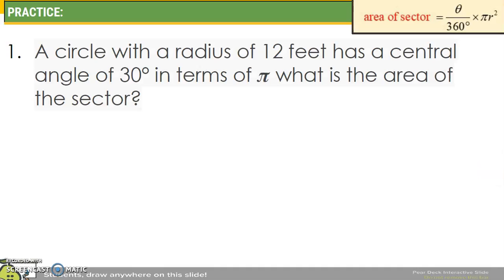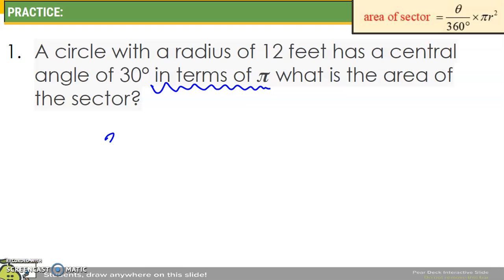So number 1, a circle with a radius of 12 feet has a central angle of 30 degrees. In terms of pi, what is the area of the sector? So we're going to use this formula right here, and we're going to take the central angle over 360 times pi r squared. But in terms of pi means that we're not actually going to calculate pi. We're going to leave pi in our final answer.